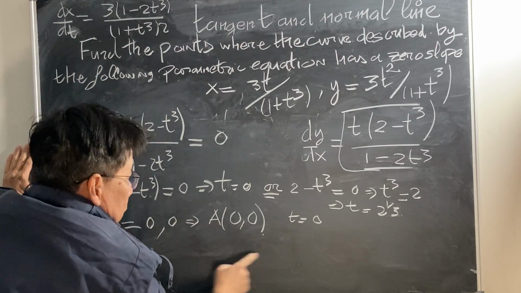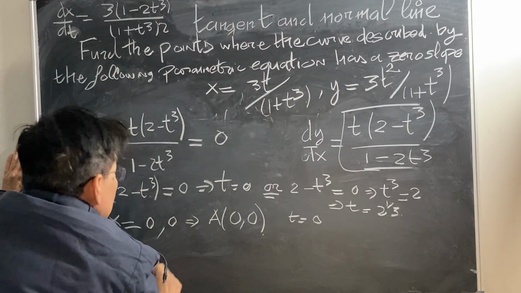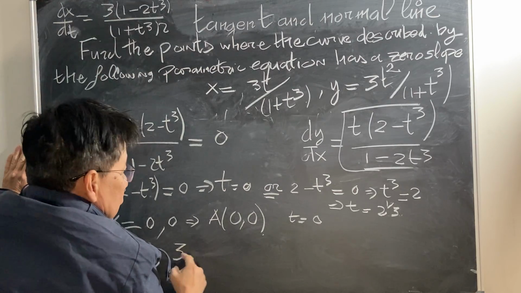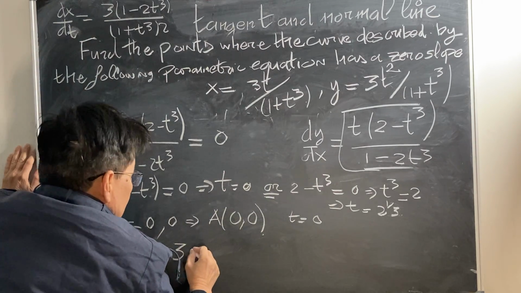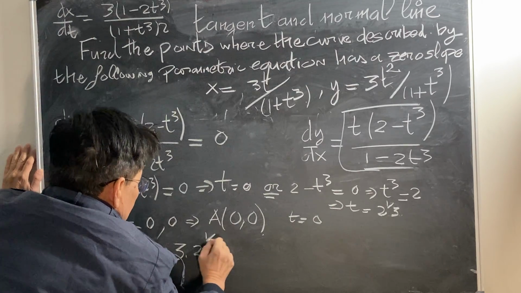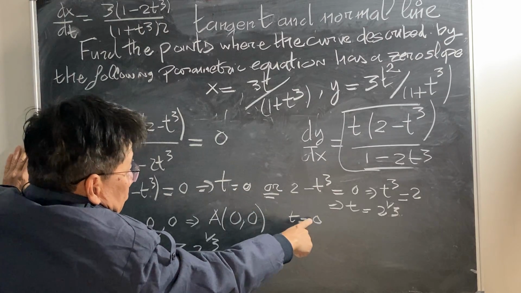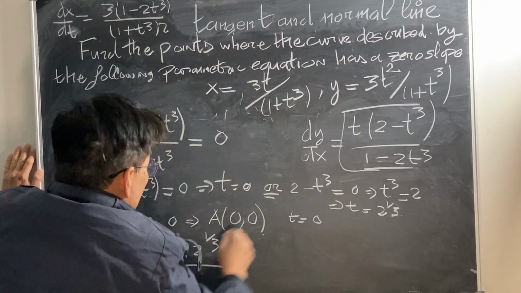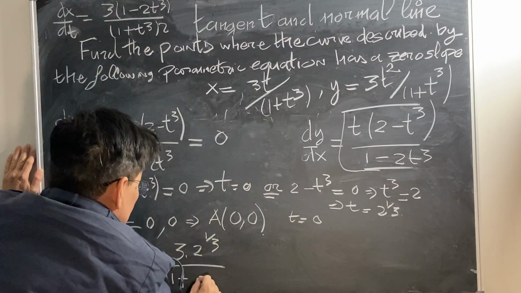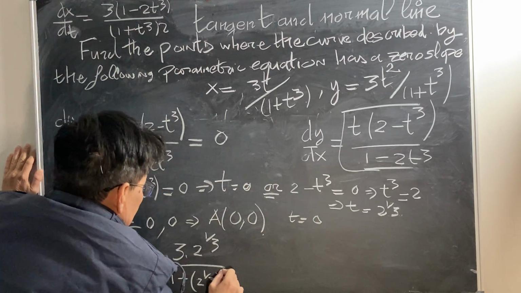At t equal to 2 to the 1/3, x equals 3 multiplied by 2 to the 1/3 over 1 plus (2 to the 1/3) cubed.